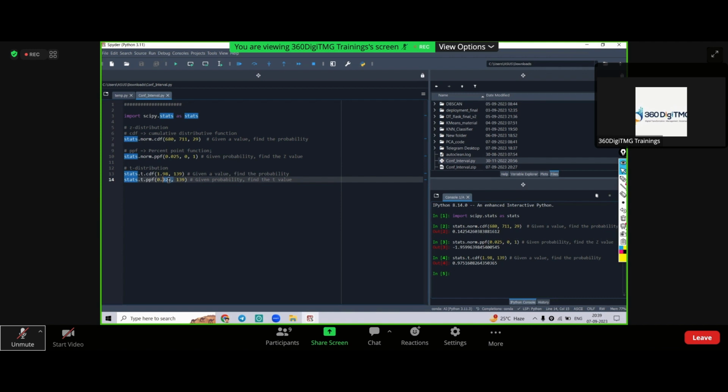If I say the probability is this much, calculate the t value, then I will have this t value, minus 1.97. If you want to cross check with your t table or z table, you will get the exact value where the probability is this much.